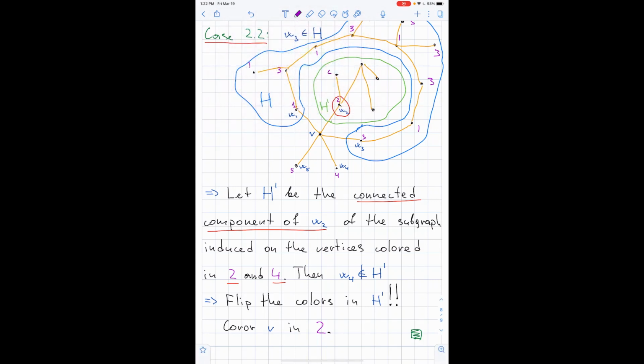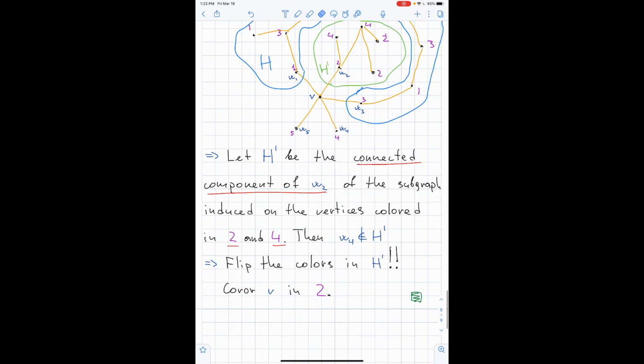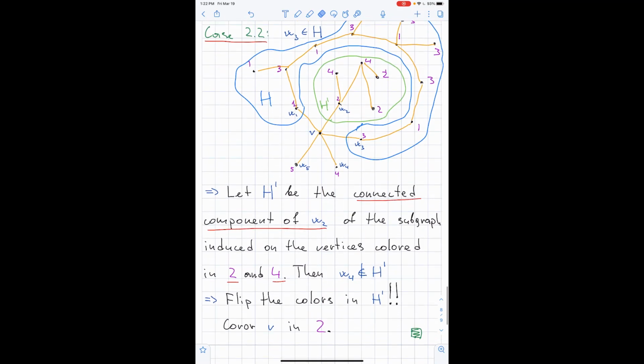So say this should be then 4 and this should be 2. So we can see that this subgraph cannot contain W4, and therefore we can flip the colors in this subgraph H prime. So now we just remove these colors and we flip them.